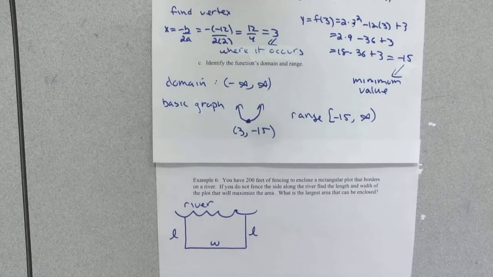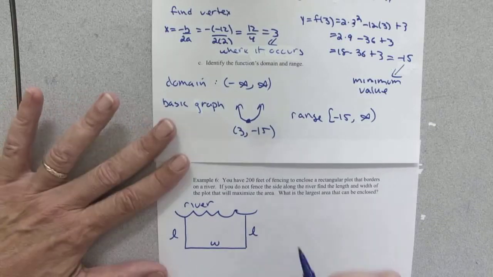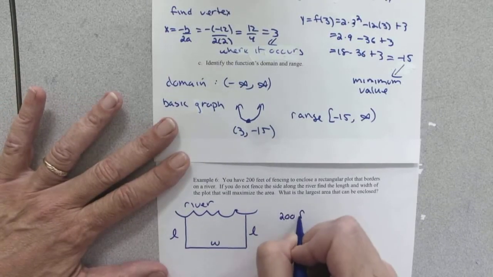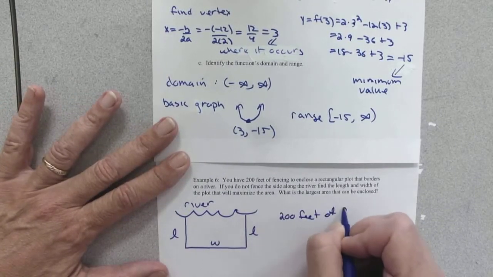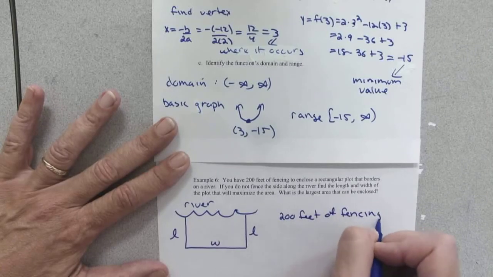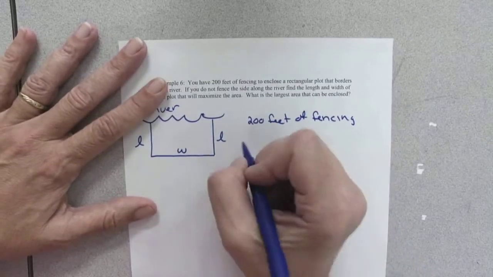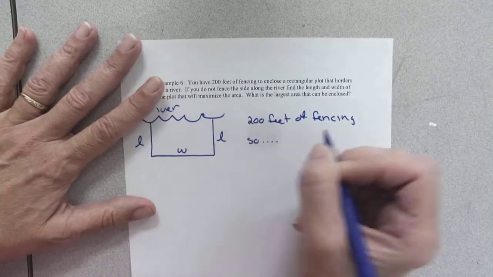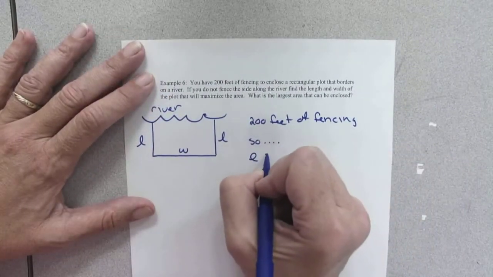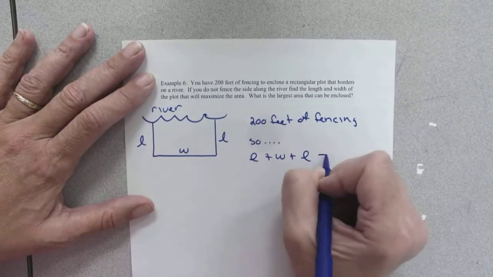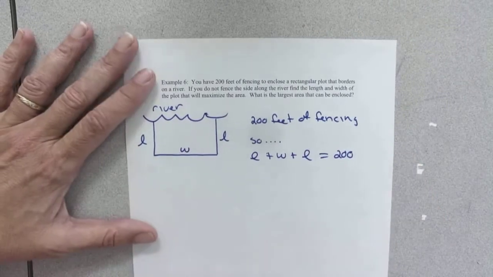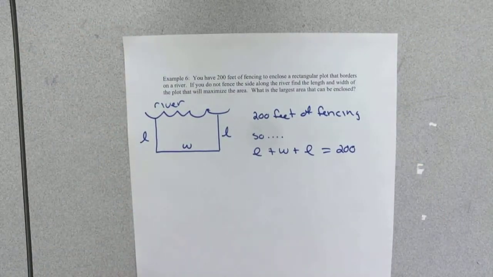Now trying to interpret what all this says. I have 200 feet of fencing. So what that means mathematically is L plus W plus L has to equal 200.